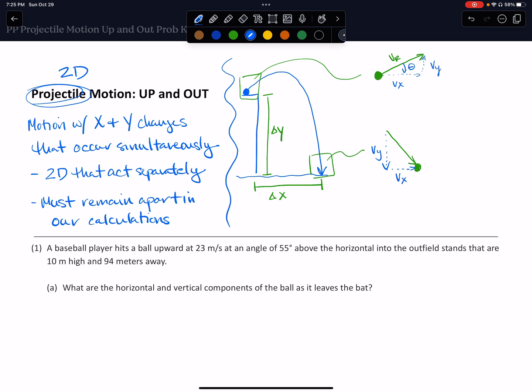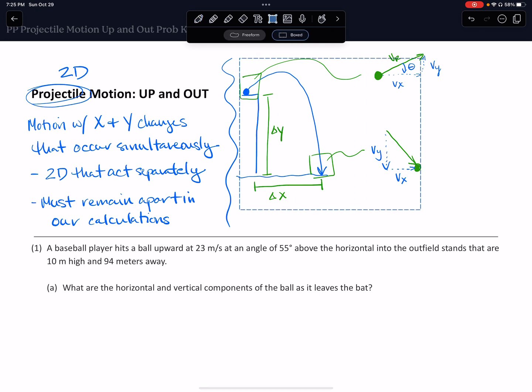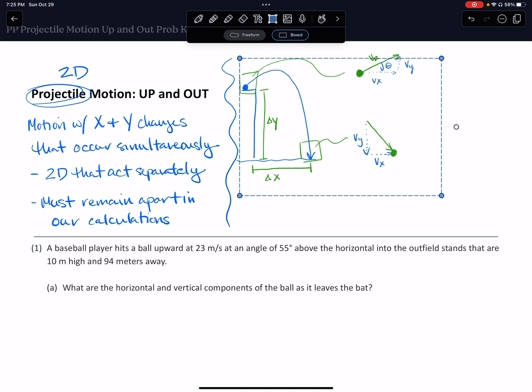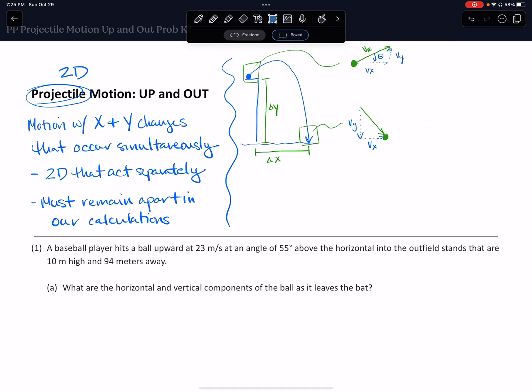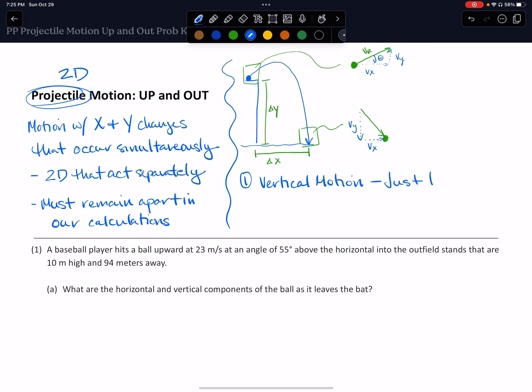A couple things to keep in mind while we're working these problems. Hold on, I'm going to shrink this stuff down just a little bit to give myself a little more room. The first thing is that vertical motion is free fall. As the ball moves upwards into the air, gravity is acting on it, so it acts just like any other object in free fall.